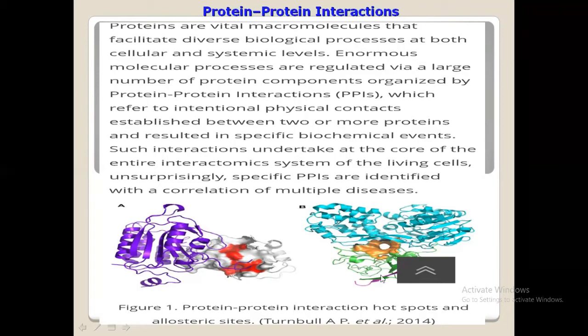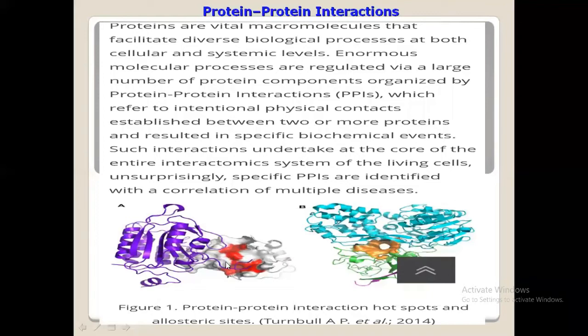Here you can see this figure. It tells you about the protein-protein interaction hotspots available on these allosteric sites. This is the structure of one protein, and this is the structure of a second protein.